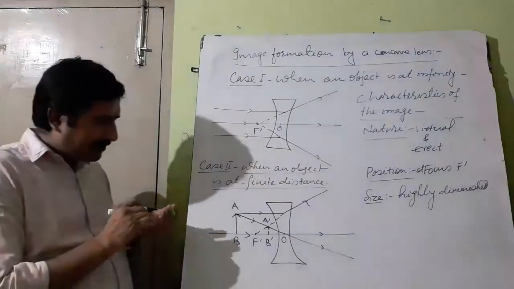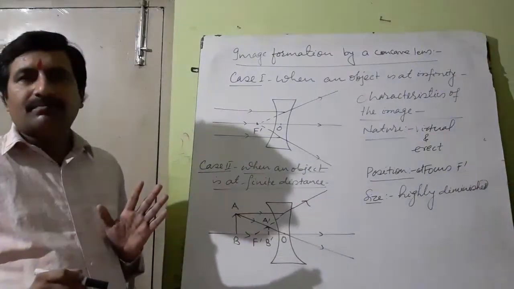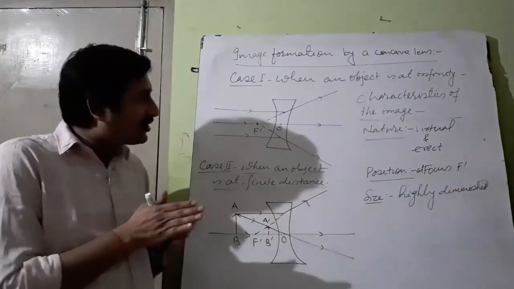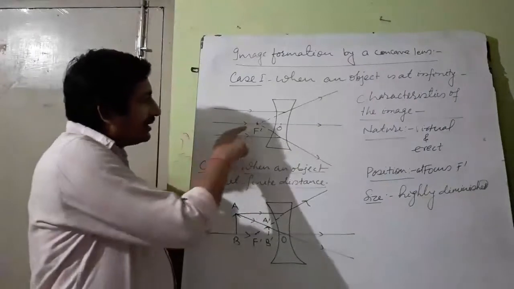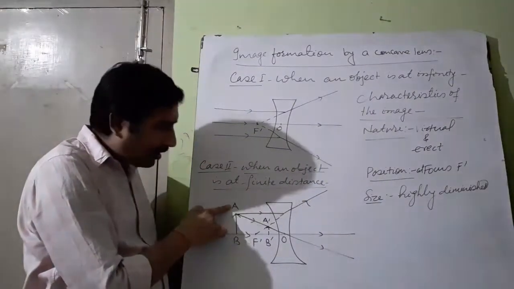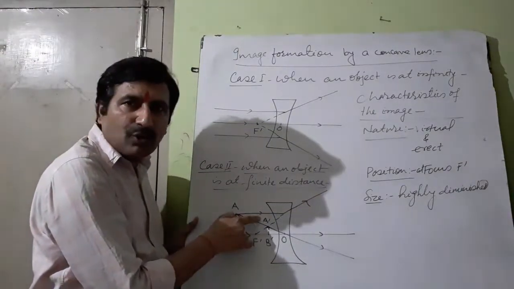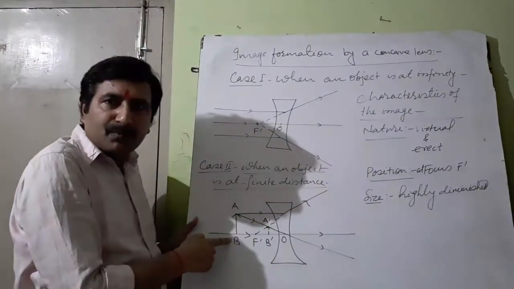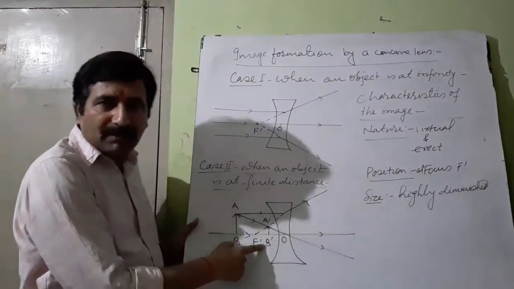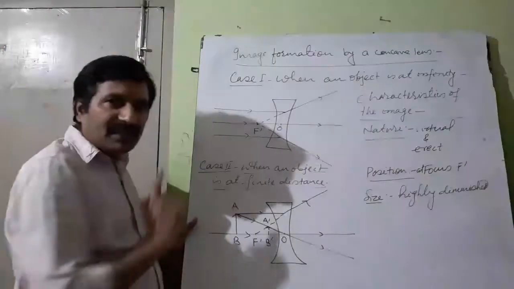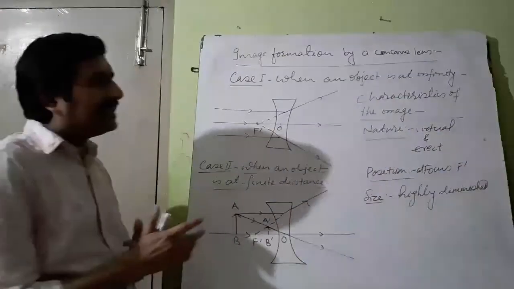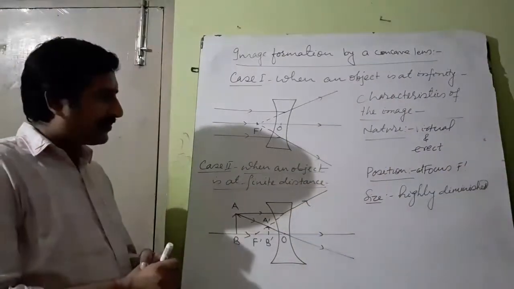Means the image is again virtual. It is erect. You just understand it here because it was not clear. Erect image means A is at the top, and A dash in the image is at the top. B is the point at the bottom, and B dash, its image, is at the bottom. So the image is erect and virtual. The nature is again virtual and erect.